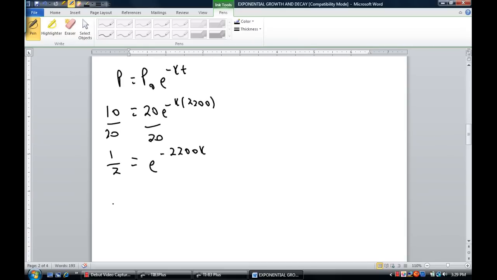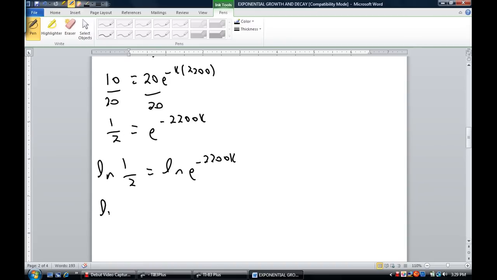And then as we did before in the previous problem, when we get to this step and we're solving for the k, which is in the exponent, we're going to take the natural log of both sides. And what that means is we still have natural log of 1/2. And the natural log of e to an exponent equals the exponent. It's one of the log properties that you need to know.